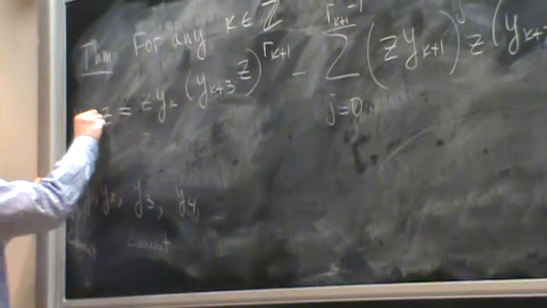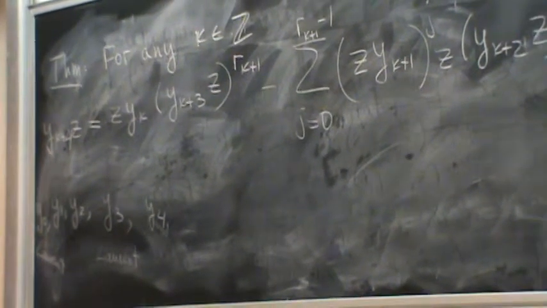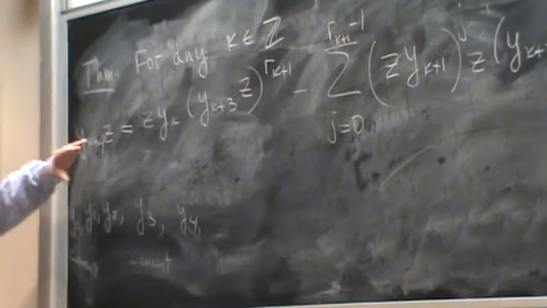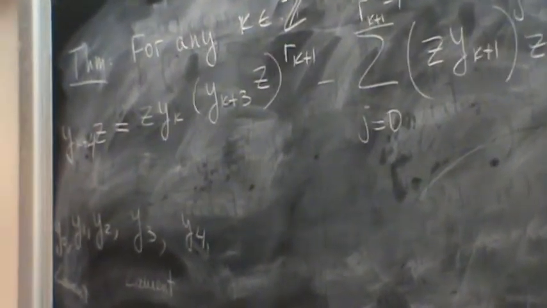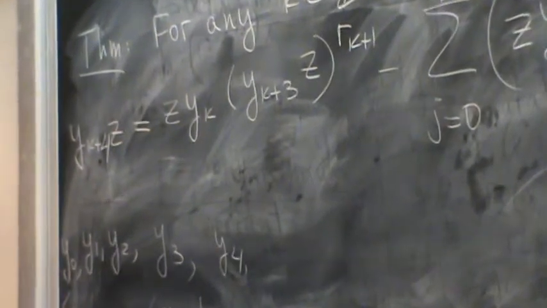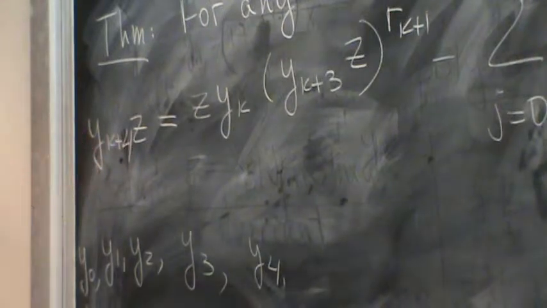Oh, I'm sorry. Yeah, it's 4. Okay, that's 4. I understand. Sorry. Now I got it. And now you see that this is.